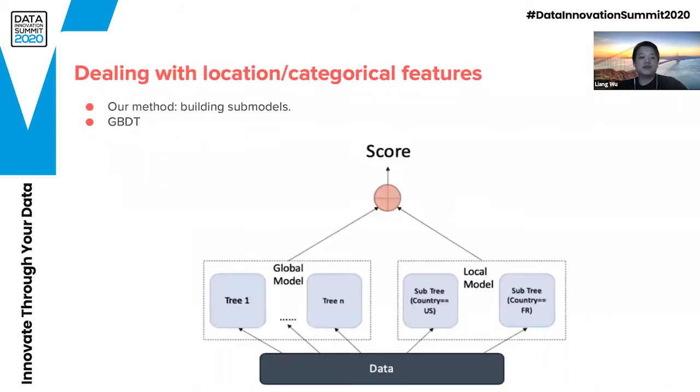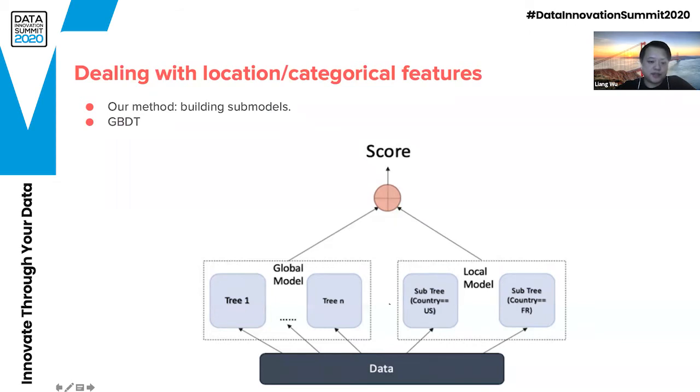In order to solve this problem, we try to deal with the location features using submodels. For example, this is how we do it using a GBDT model. If the production model is a GBDT model, we still keep the global model, the model trained on the global data, but we add some sub-models, sub-trees.